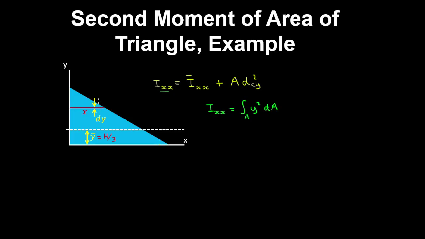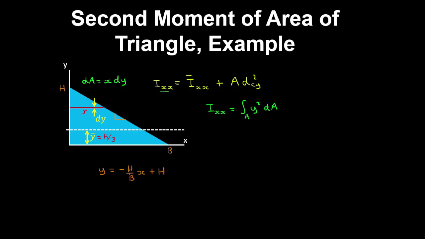And the differential area here is equal to x dy. And given this triangle has a height h and width b, then we can write the equation of this line as the slope, which is minus the rise over the run, times x plus the y-intercept.